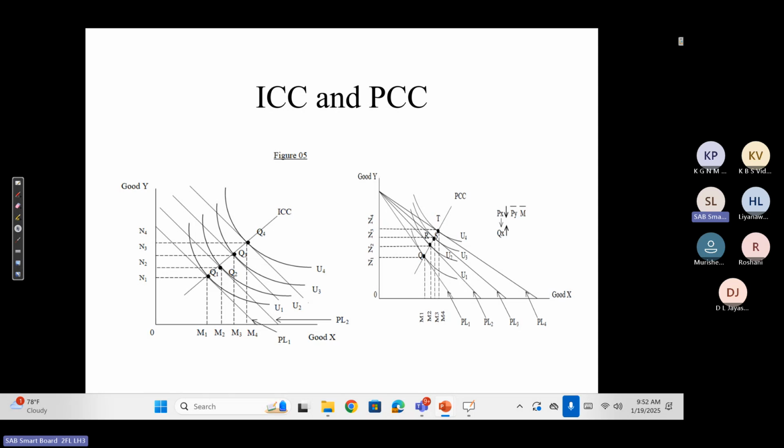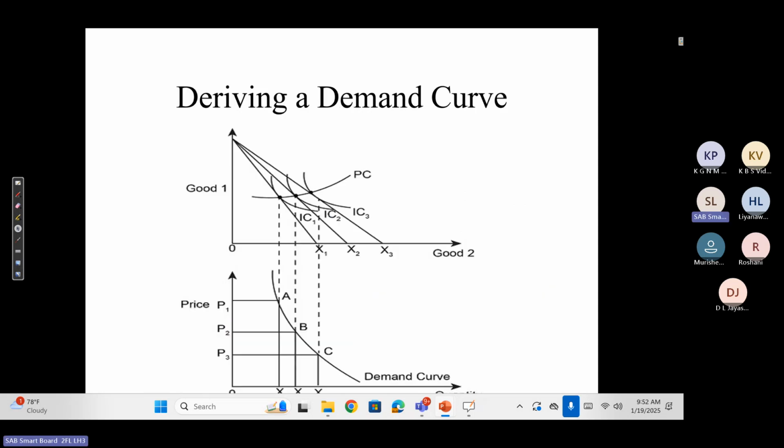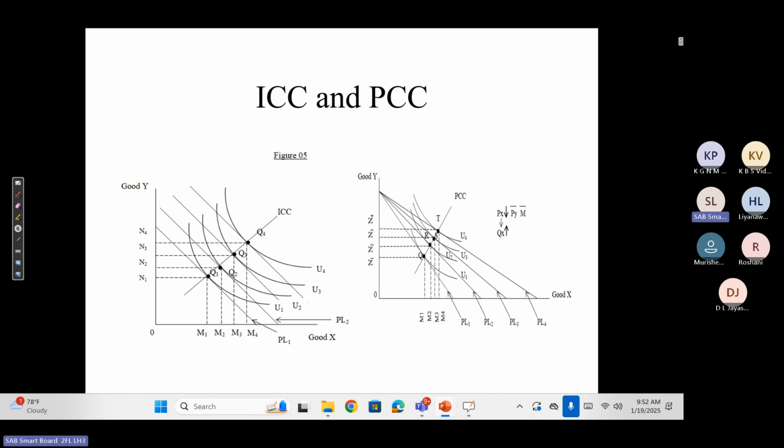We make the price change, because you see the slope of the budget line changes due to the price change. By combining those equilibrium points, we can derive the price consumption curve, and based on this we derive the demand curve, because this takes into account the price change.